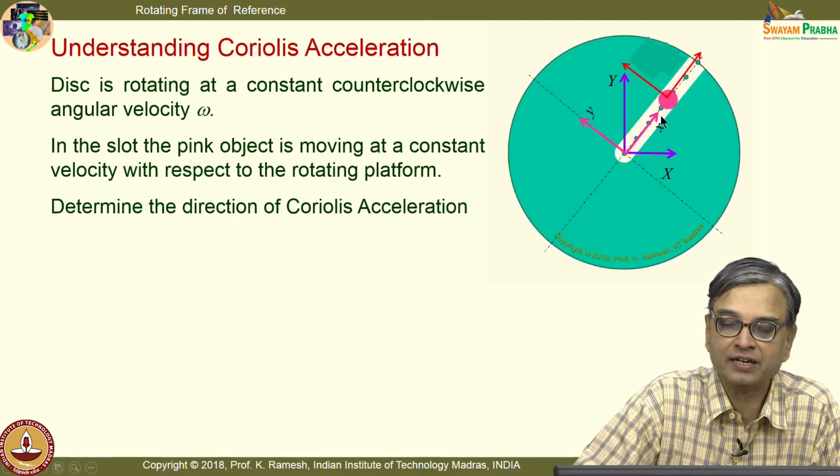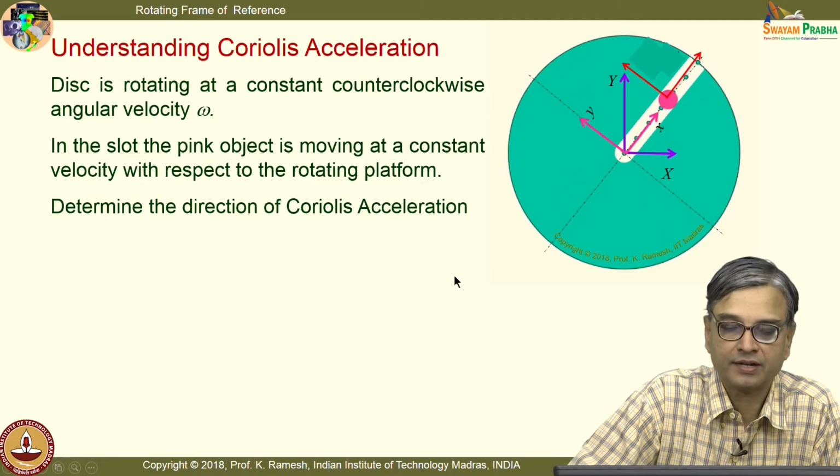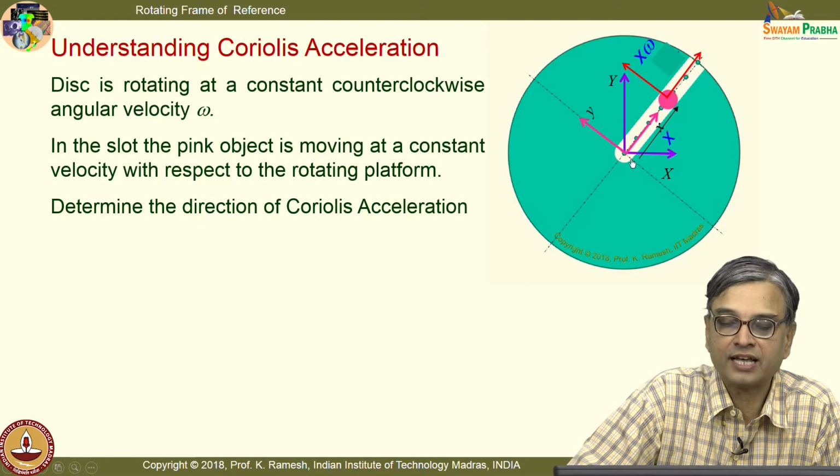So, what I have here is a velocity in the direction of the slot. And I have the position marked as x, and this is like your r.